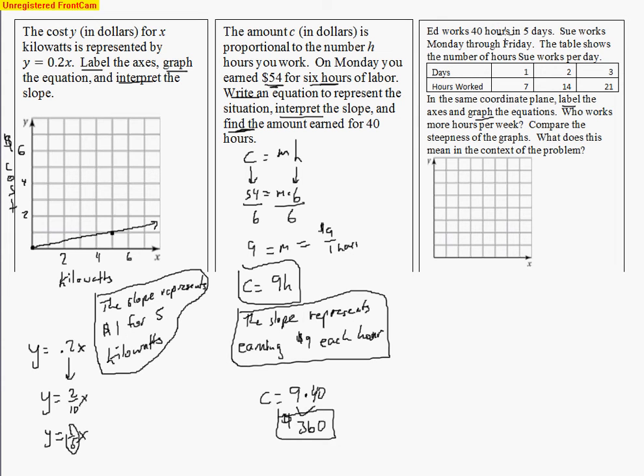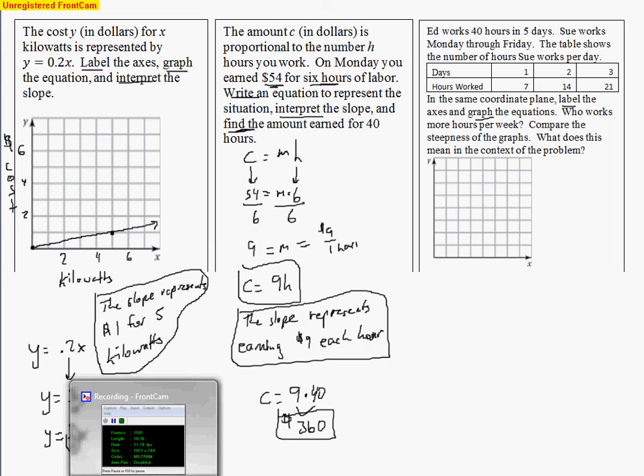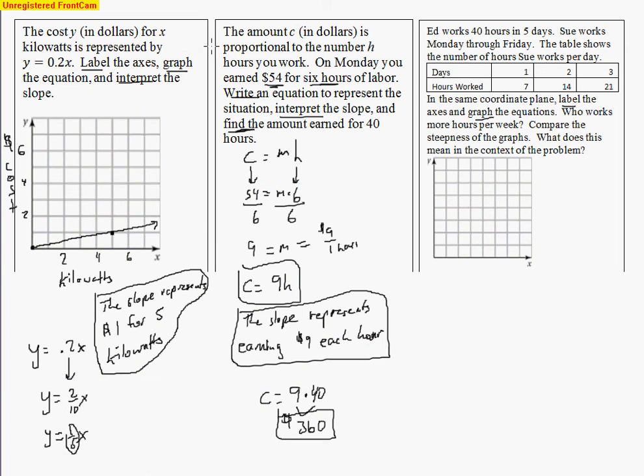40 hours of work for 5 days, the number of days is going to end up affecting the number of hours that you end up working here in this case. So I'm going to end up putting my days down here, and I'm just going to number those like 1, 2, 3, 4, 5, 6, 7, 8, and then the y-axis is the number of hours. I'm going to label it going down this way so I can fit it here.